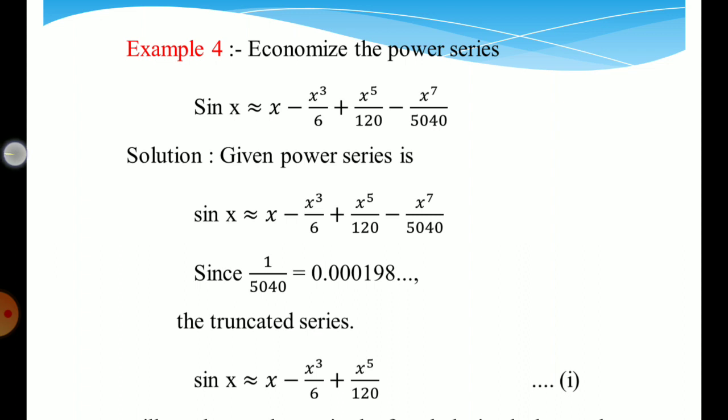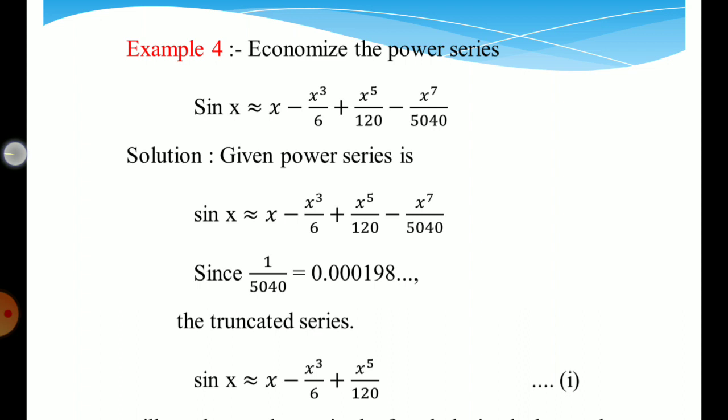This is a power series of sin x in terms of x. Now we have to economize the power series. That means we shall write some terms in terms of T_n(x). At first consider the given power series: sin x = x - x^3/6 + x^5/120 - x^7/5040.